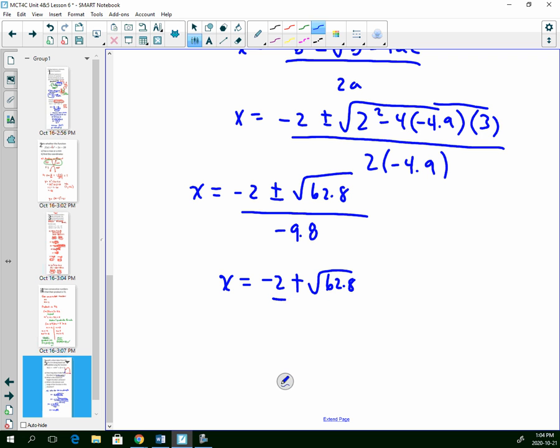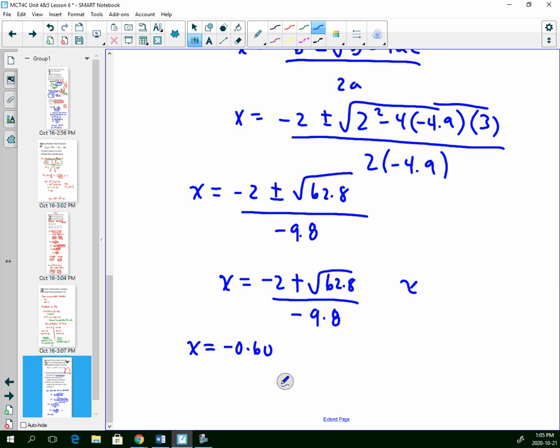Okay, if an error is made, it's generally missing a sign. So one answer will be -2 plus the square root of 62.8 divided by -9.8. So we'll calculate that. And we get -0.60.